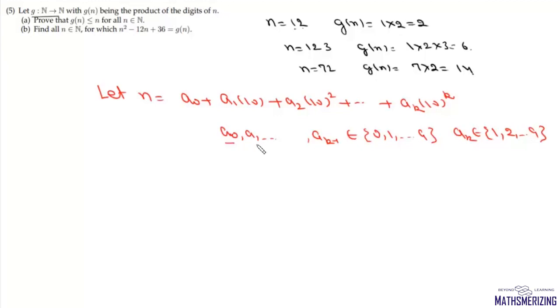Now we know that the maximum value of a0, a1 and any ak minus 1 is 9.